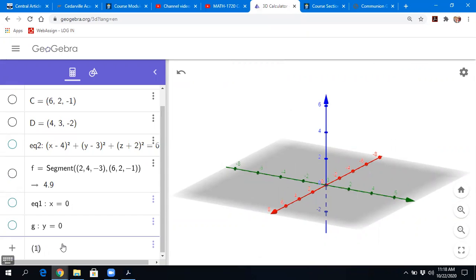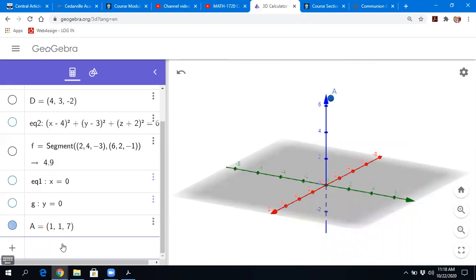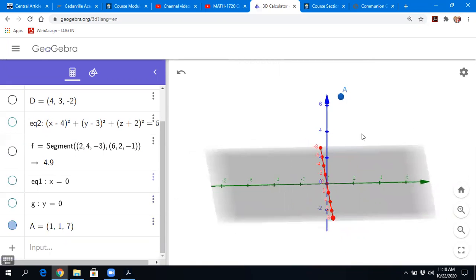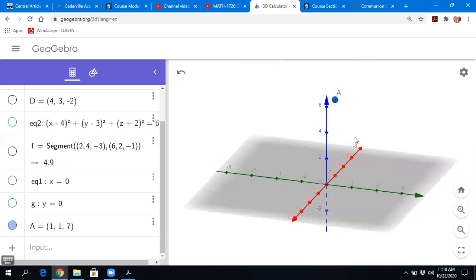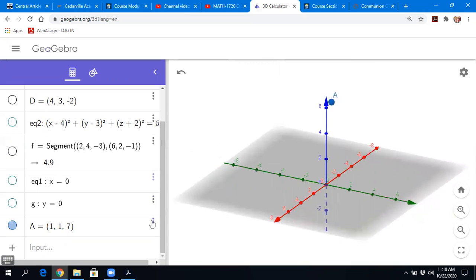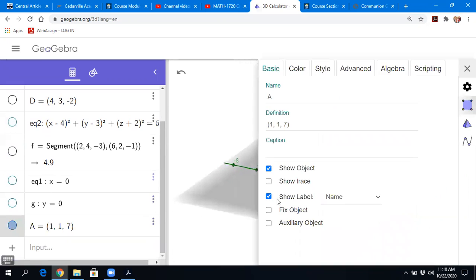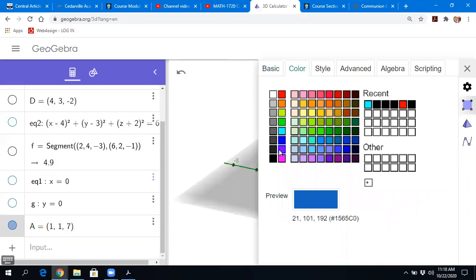1, 4, 7. And what was the terminal point? So do you see how it puts that right there? Yeah. By the way, if I wanted to label this thing, I can do it. First of all, the color, I'm going to make it black, so it stands out nicely.